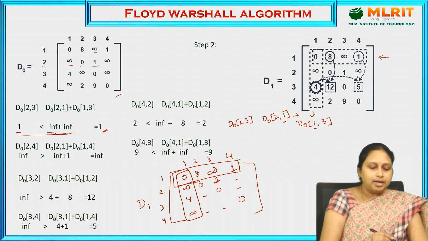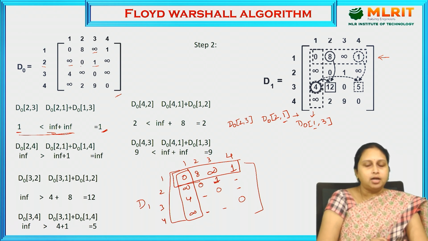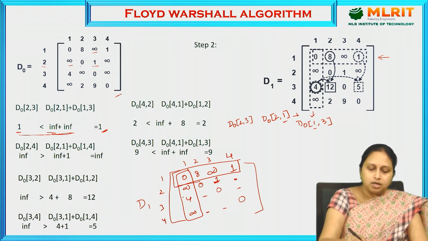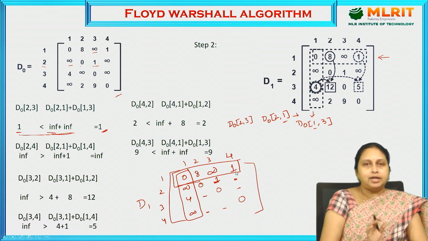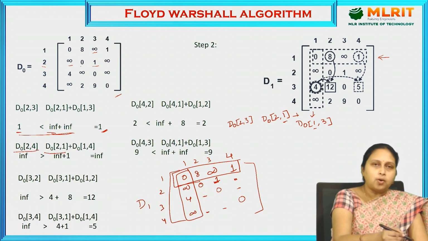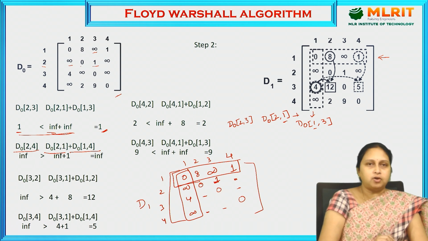Okay. Next, what is the next value I need to find? D0 of this position, D0 of 2,4. I need to take which is the middle vertex for 2 and 4. I am going to take 1, right? So, D0 of 2,4: D0 of 2,1 plus D0 of 1,4 we need to take.